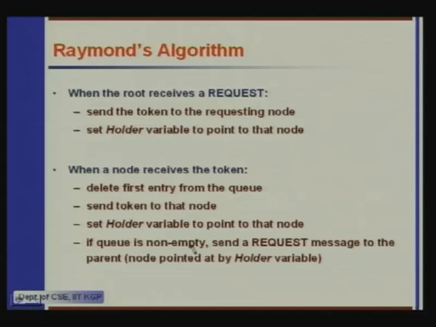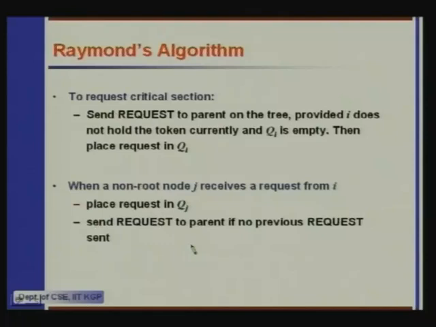When the root receives a request, so along the particular path, there is only one request. So either somebody down the line sends the request, then no one up can send the request thereafter. No, they can. Because that request will not be separately forwarded, but they can update that request in their own queues. No, because it says in the last slide that Qi should be empty, then only it can send the request.